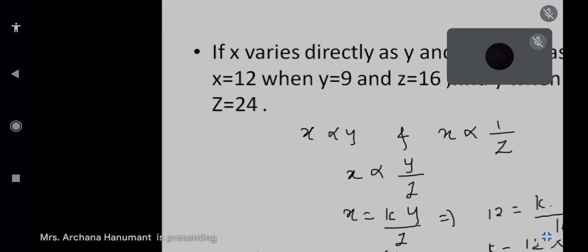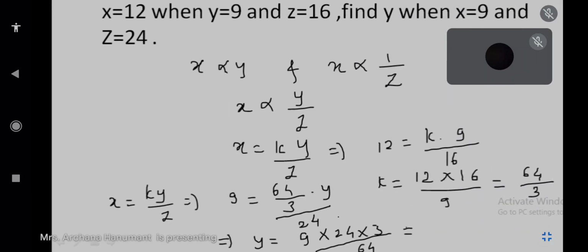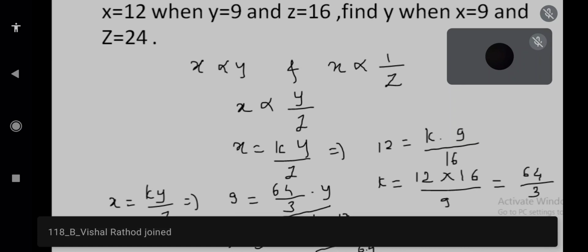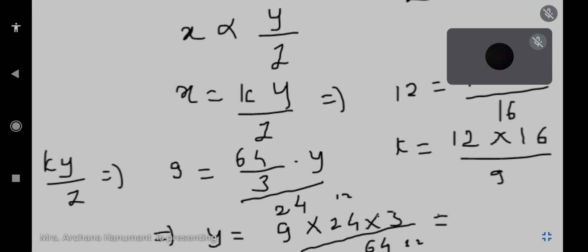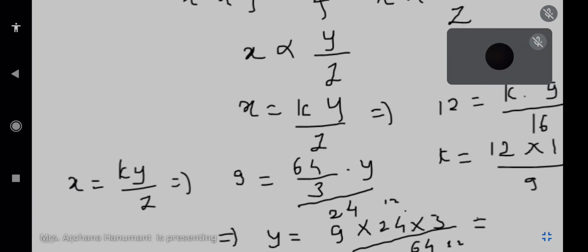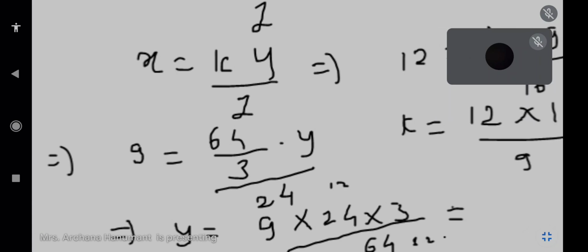Solve this. Do the calculation and tell me the answer.